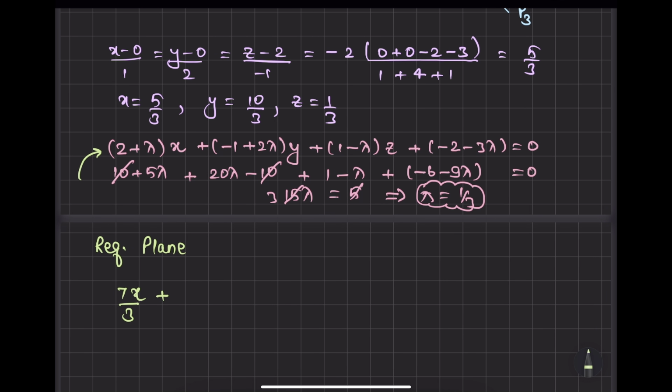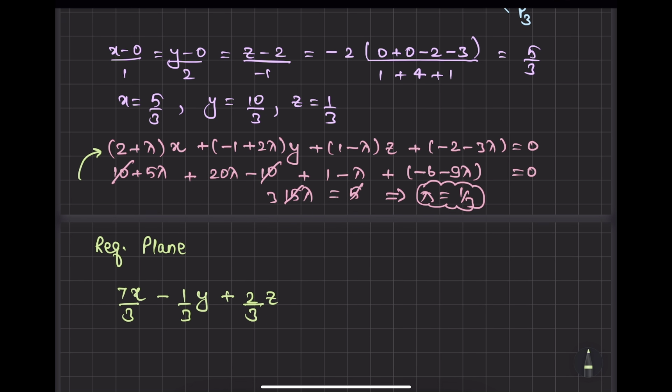Then plus 2 by 3 minus 1, so it is minus 1 by 3 y. Then 1 minus 1 by 3, so it is 2 by 3 z.